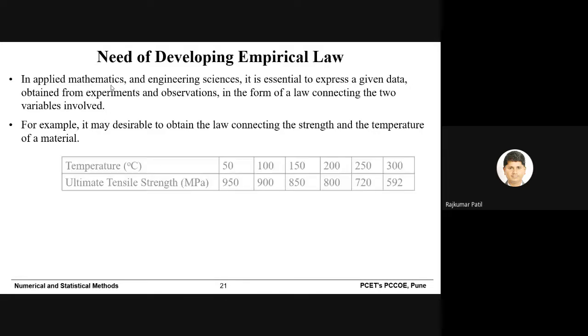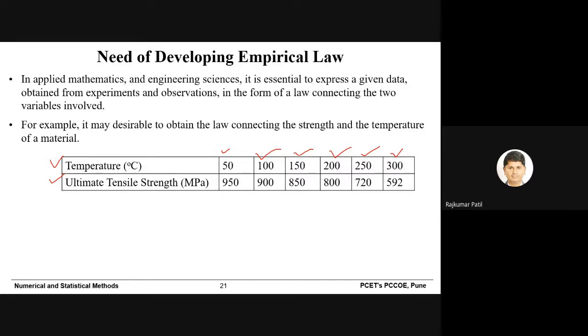Suppose we want to develop a relationship between the strength of a material and how it varies with respect to temperature. You will be checking the strength of that given material for different temperatures, and accordingly you will be developing a relation, the variation of strength with respect to temperature.